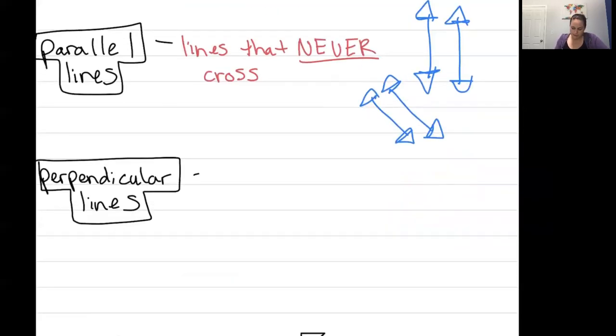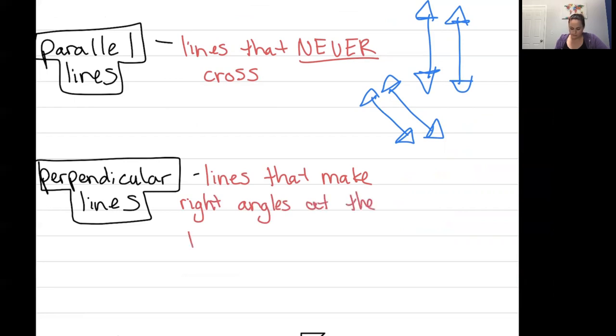And perpendicular lines are lines that make right angles at the point where they cross. Okay, so these are those non-wonky intersections that we see a lot in Spokane.